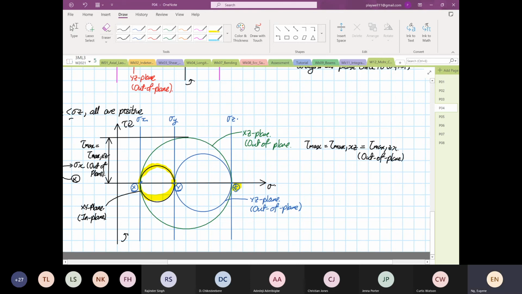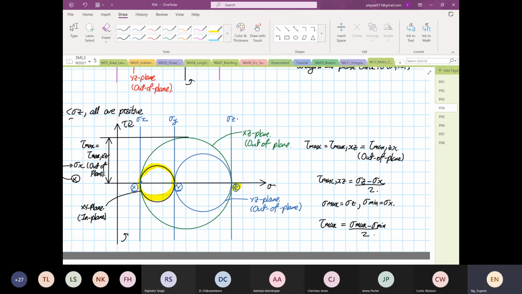To calculate this tau max in the xz is equal to stress z minus stress x divided by 2. So if we let stress max is equal to stress z and stress mean is equal to stress x, then tau max is also equal to stress max minus stress mean divided by 2. So this is 3D Mohr circle.